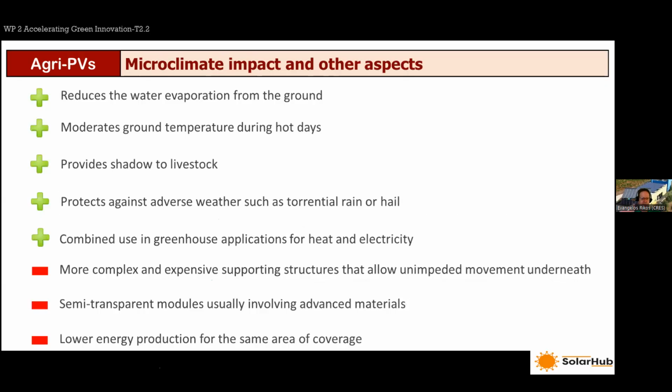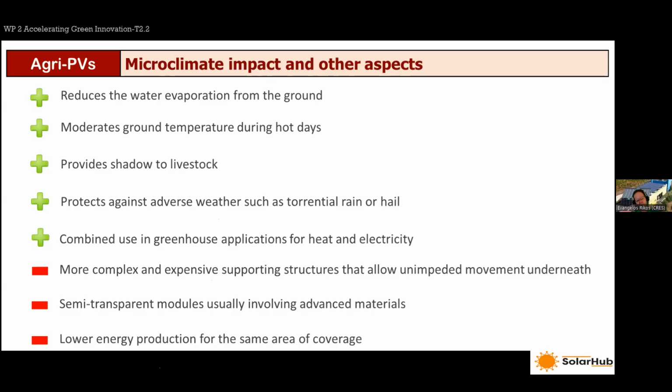And if we can summarize here some pros and cons of the use of agrivoltaics, this could be distinguished into the following. For starters, the use of an agri-PV reduces the water evaporation from the ground. It can moderate the ground temperature during hot days, like the one that is today outside. They can provide some good shading for the livestock to live underneath.